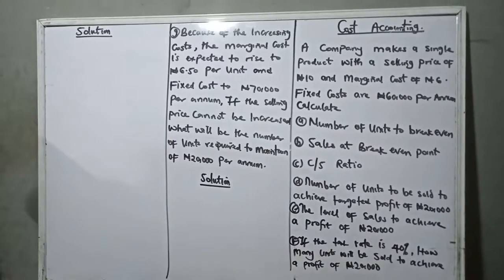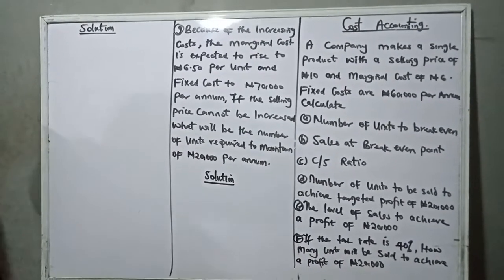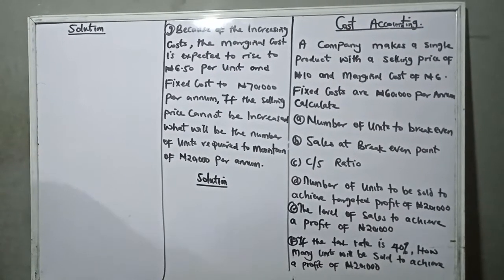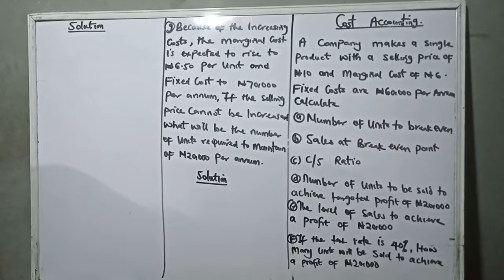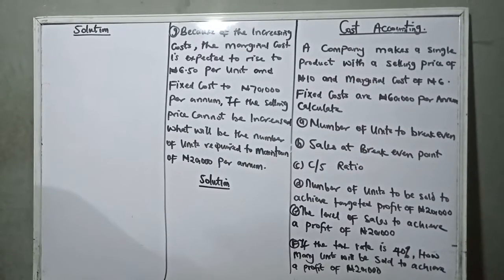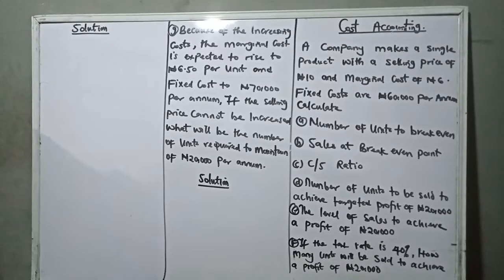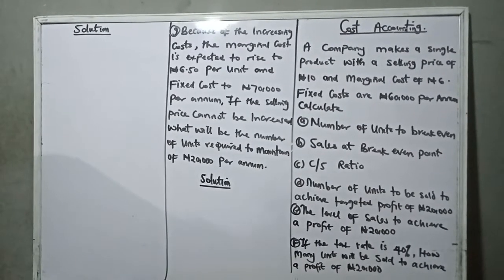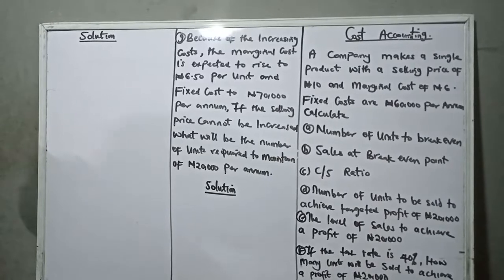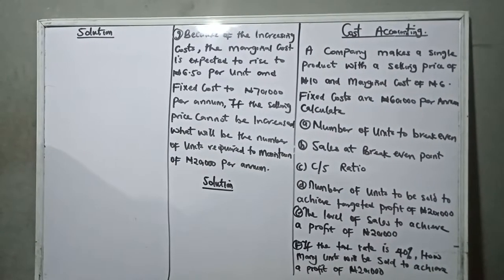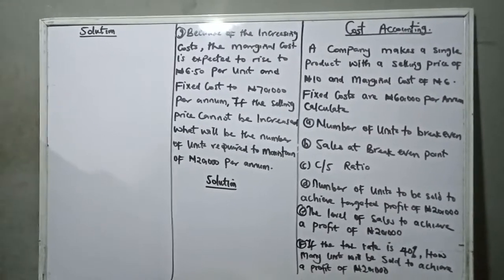A company makes a single product with a selling price of 10 naira and a marginal cost of 6 naira. The fixed costs are 60,000 per annum. A: Calculate the number of units to break even. B: Sales at break even point. C: Contribution to sales ratio.